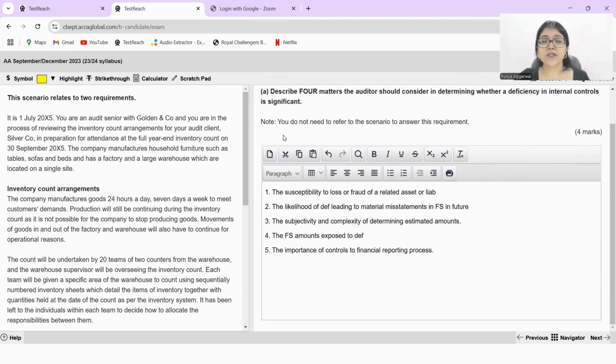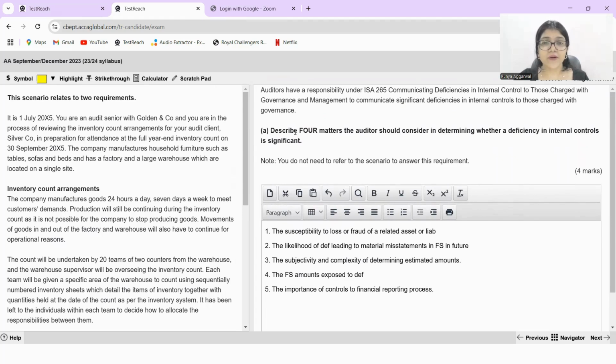Now the question is asking you to describe 4 matters that the auditor should consider in determining whether a particular deficiency which they have identified in the company's internal controls is significant or not. So is it important, is it material or not for the company? If you read the note over here, they have clearly written that you do not have to refer to the case scenario. That clearly means that it is a 4 marker purely knowledge based question.